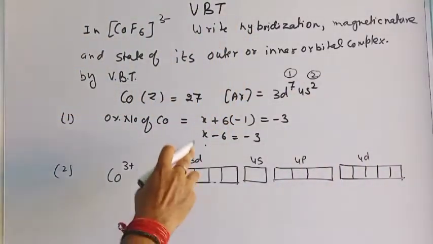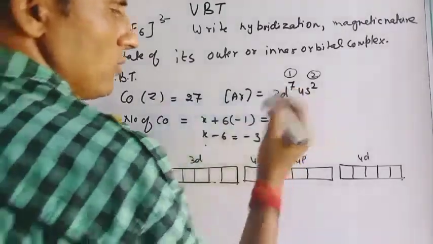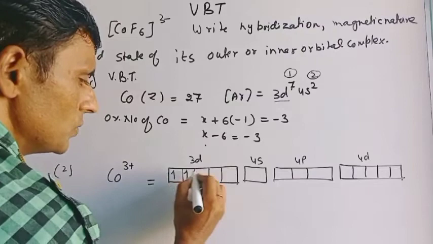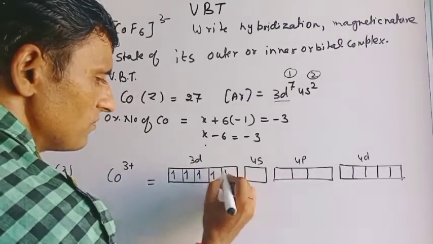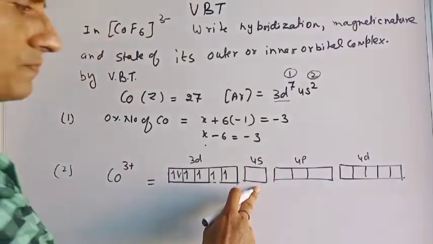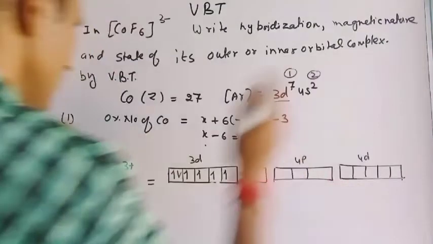After losing these 3 electrons, the electrons remaining in 3d are 6. So 1, 2, 3, 4, 5, 6. The 4s orbital is empty and 4p is also empty.